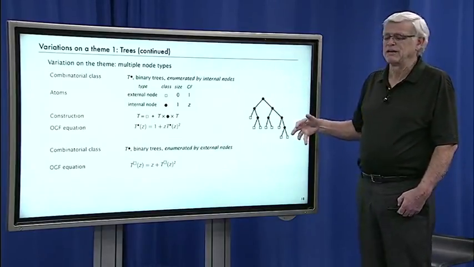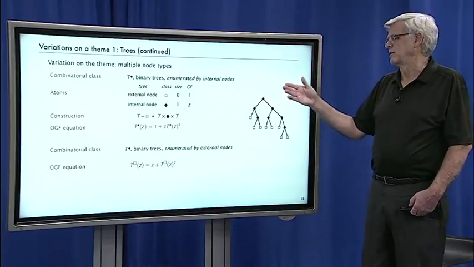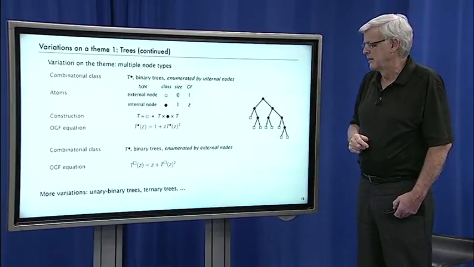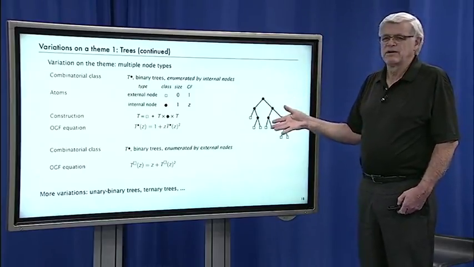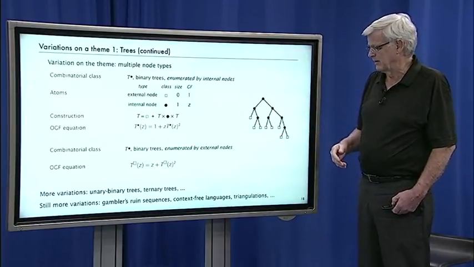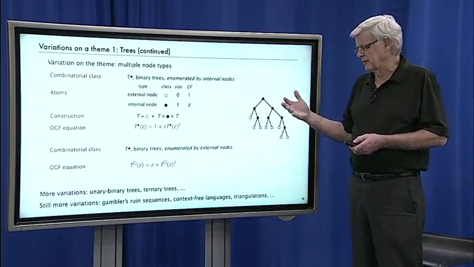however we want to specify it, it's very easy to get the generating function that enumerates all these different types of trees. There are many more variations that have been studied, and many of these are talked about in the book. Trees are so fundamental that there are other ways to look at them.